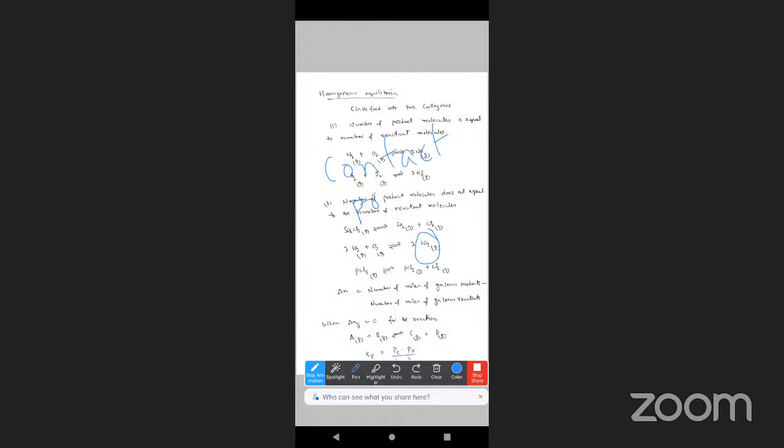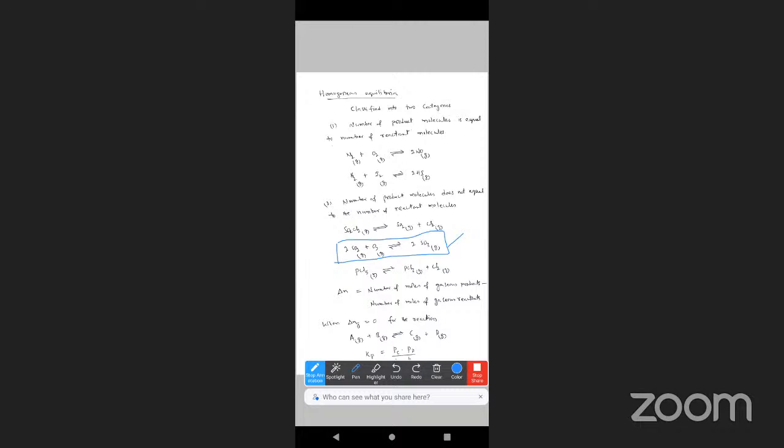Contact process, manufacture of sulfuric acid. So this is the principle in manufacturing of sulfuric acid by the contact process: 2SO2 plus O2 gives 2SO3, that is sulfur trioxide. Here also the reactant molecules are 3, the product molecules are 2.